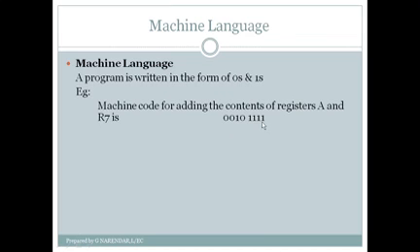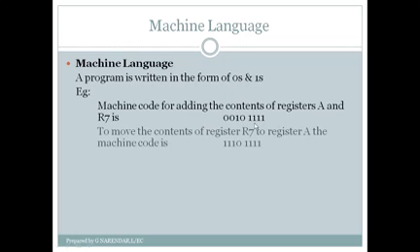So you can see that when we give 00101111 as an instruction for 8051, it understands that there are two numbers, one in register A and one in R7, and it has to add the contents of both the registers. So this is what the controller understands by looking at these 8 bits.